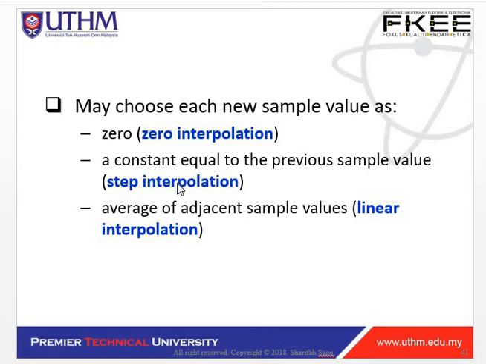Step interpolation means that you add in a constant equal to the previous sample value. If the previous value is 2, the new sample is also 2. If the previous sample is 5, the new sample is also 5. Linear interpolation means the value is linear. Let's say the previous one is 1 and the next sample value is 3, so the new sample will be 2.